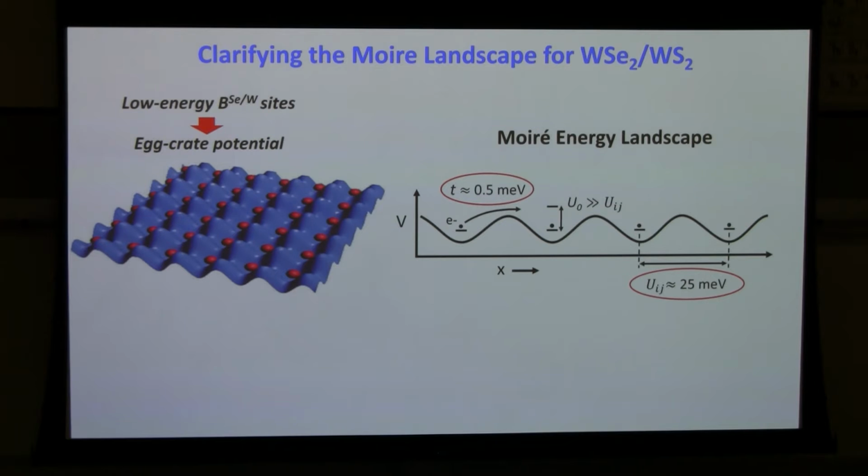And by doing these types of STM experiments, I won't go into all the details, but by doing these types of experiments I just described, we are able to extract the energetic parameters of this moire energy landscape, this extended Hubbard model. For example, we're able to figure out experimentally that this hopping amplitude is half a millivolt.